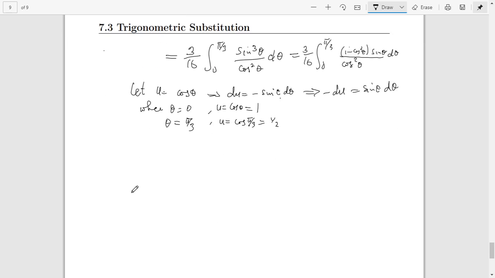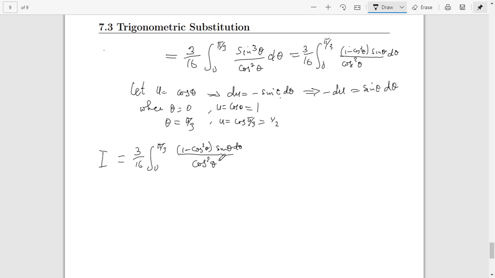So now my integral, which I'll still call I, which we got at this level to be this, would now be equal to, when we make the substitution and change variables to u, integral from 1 to 1/2, according to what we got. 1 minus cosine squared would be 1 minus u squared.